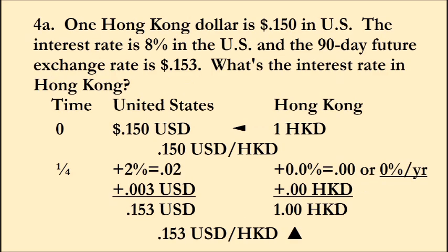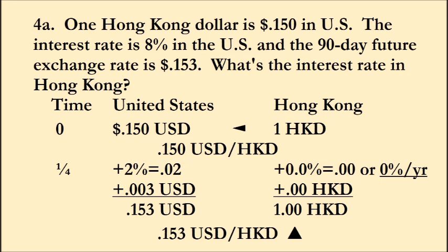Let's do something a little different and maybe a little more tricky, and that's to figure out the rate of return in another country. Here we have 1 Hong Kong dollar is 15 cents in the US. Interest rate's 8% in the US, and the 90-day future, a quarter of a year, is 153. What's the interest rate in Hong Kong?